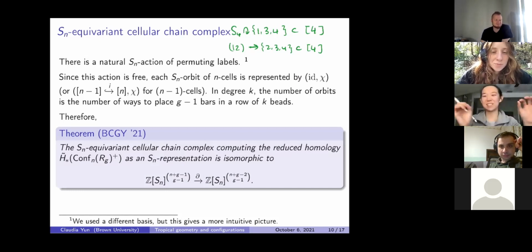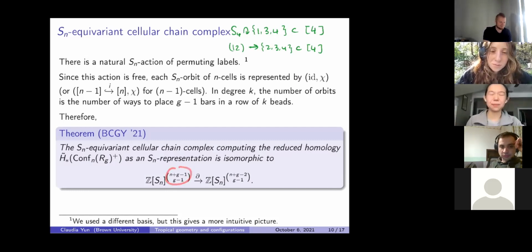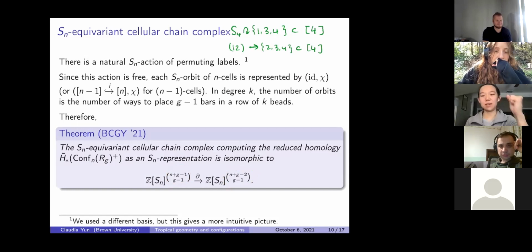Because you're really just saying, I'm going to put this many beads on arc 1, this many beads on arc 2, this many beads on arc 3. This number comes down to (n+g-1 choose g-1) in the case of having n particles on your interval, or (n+g-2 choose g-1) when you have a point occupying the central vertex.